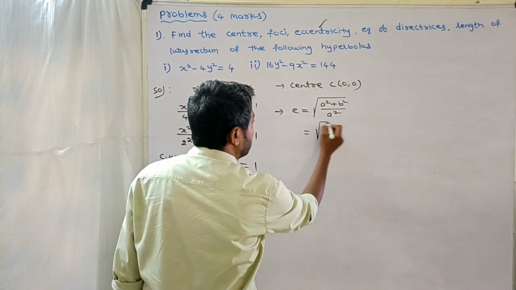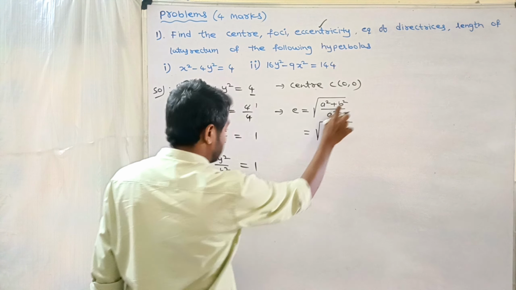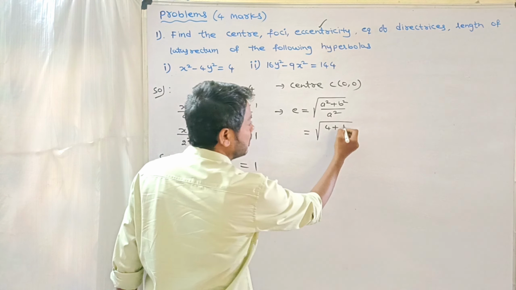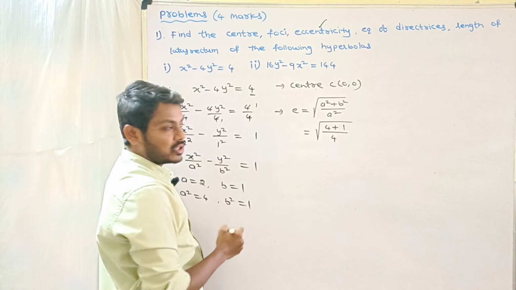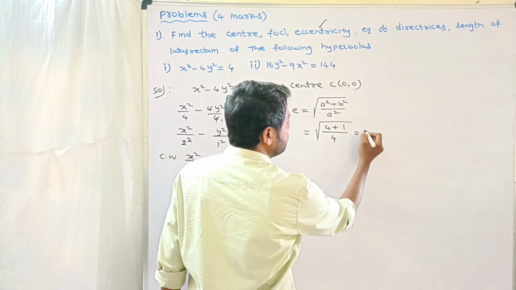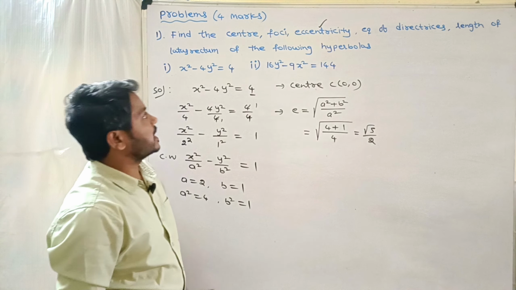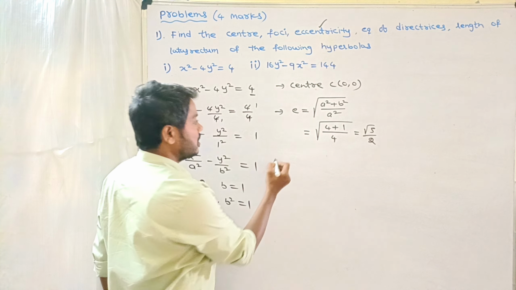Clearly which is equal to square root of, what is a square value? 4, plus b square value 1, divided by 4. So clearly eccentricity is what? Root 5 by 2. So next we can find foci.